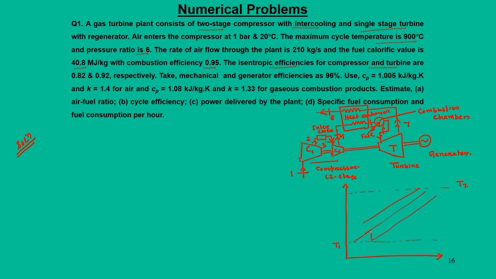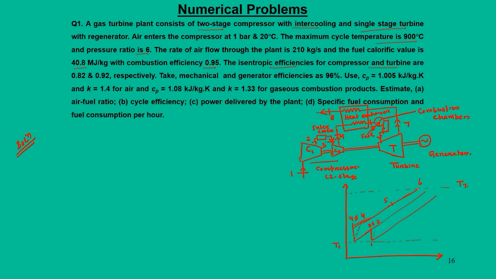So, from state 1 to 2S, then actual process is 2, then from 3 to 4S, but actual process is 4, then somewhere 5 will be here, because state 5 is in the heat exchanger, and finally after this combustion chamber, this is 6.